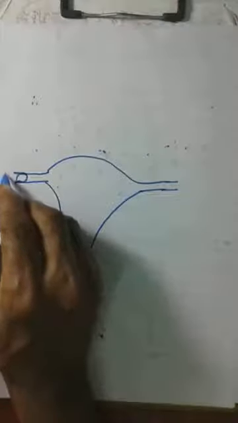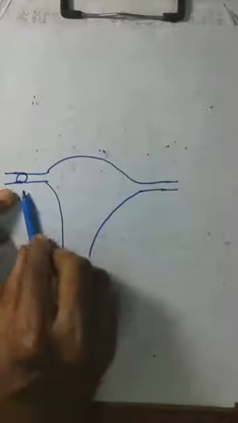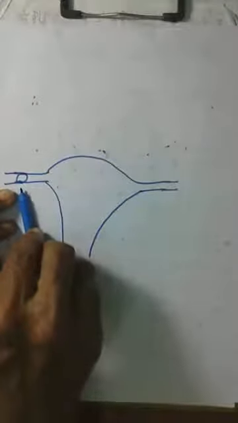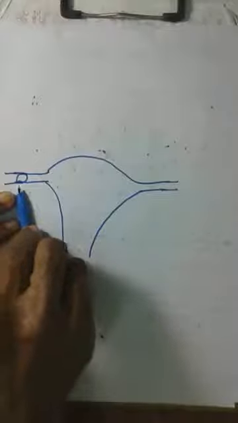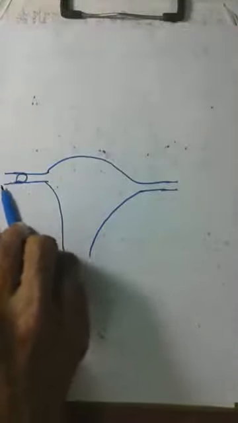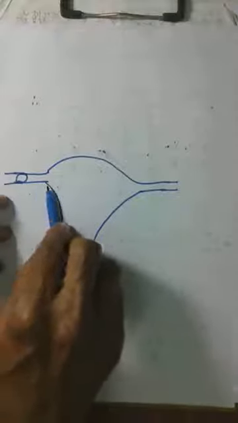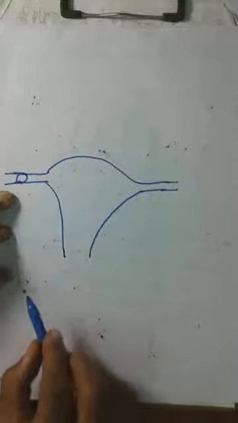It will be sticking to this point and growing there. In that case, the fallopian tube may burst. Rupture will happen to the fallopian tube.